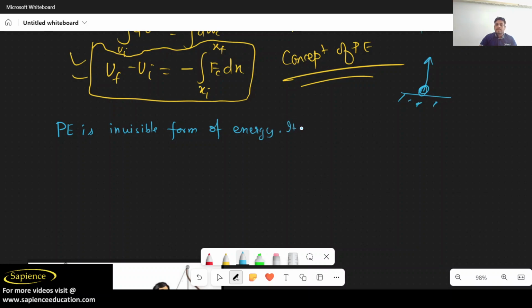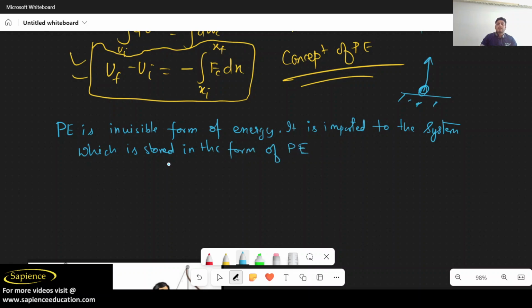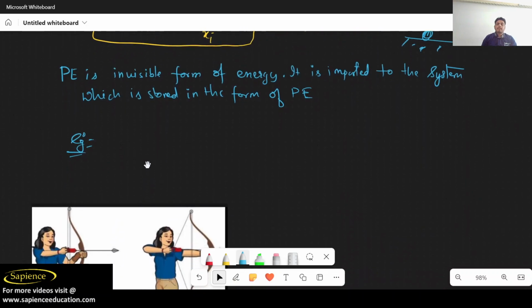It is imparted to the system, which is stored in the form of potential energy. Example you can see here.